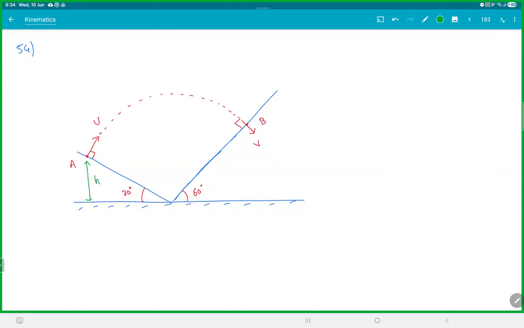This height here is HA. This height here is HB. So A and B are 2 points on the incline.